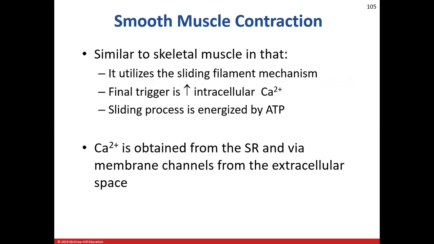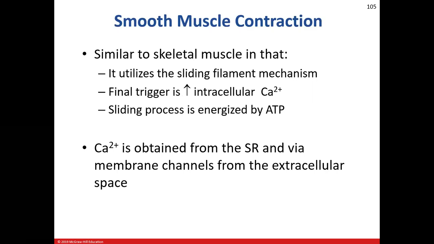Now, how is smooth muscle contraction similar to skeletal muscle? Well, one, it utilizes the sliding filament mechanism. It uses myosin and actin in order to cause a cross bridge, and we see the sliding filaments. We also see that the final trigger for muscle contraction before the cross bridges are formed is an increase in intracellular calcium levels.